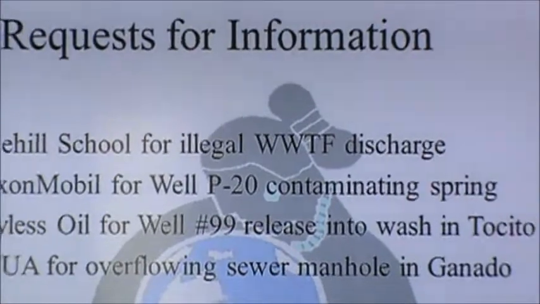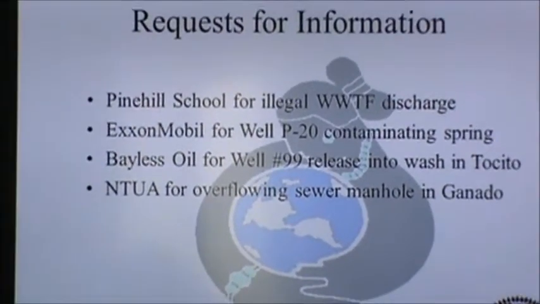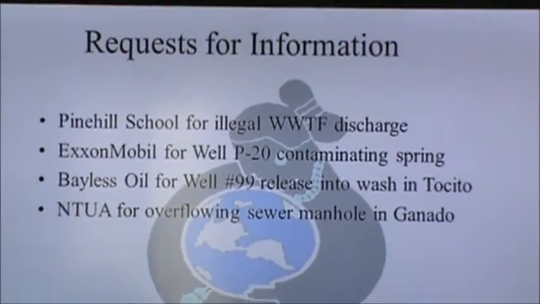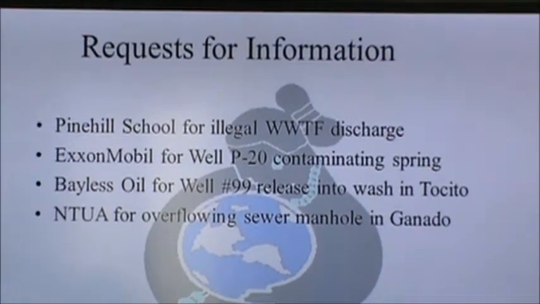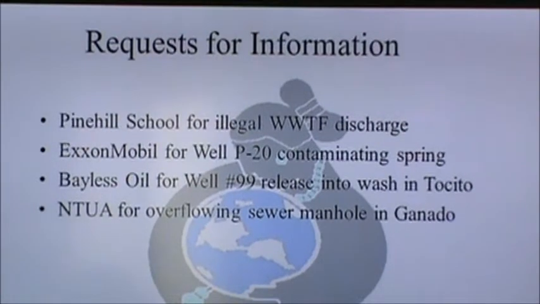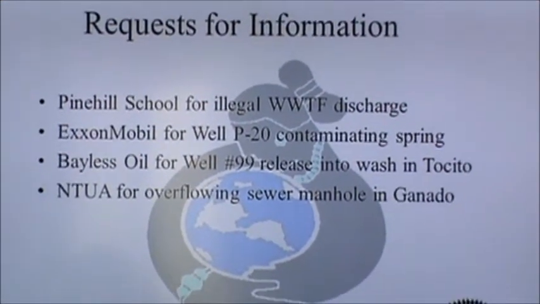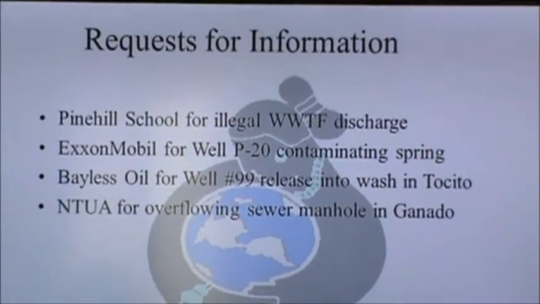For requests for information, it's basically telling them that we need to know what's going on. So please provide us with the information so we can determine whether or not there is a problem. And these are examples of past requests for information that we've asked for. Pine Hill School in Ramah, they were illegally discharging from their wastewater lagoons and didn't have a permit.